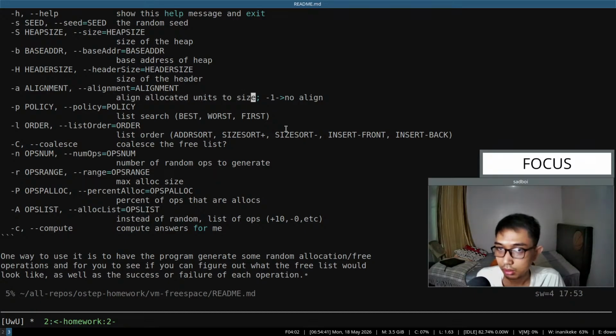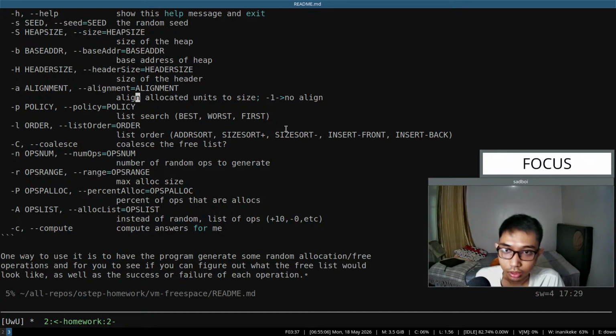Okay, I mean previously I already read some information about alignment. It is maybe something like adding a padding so that the size is uniform.